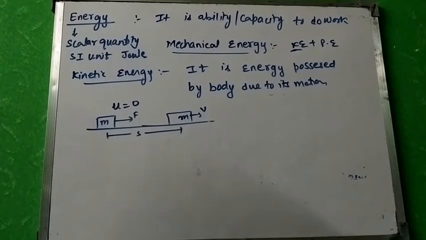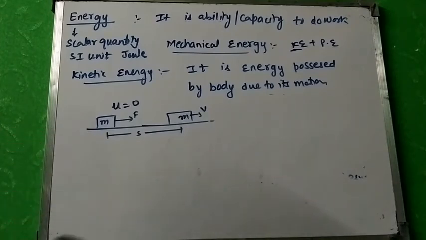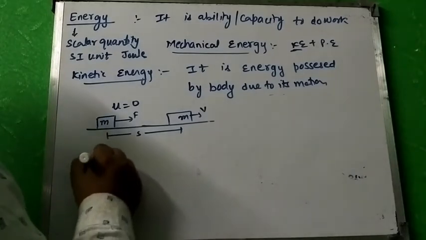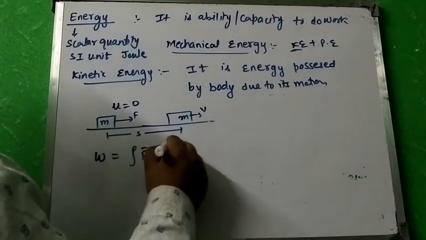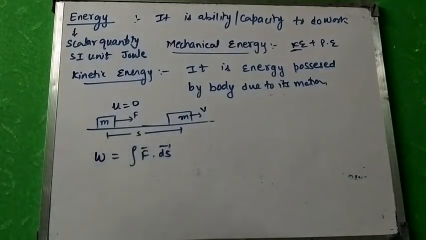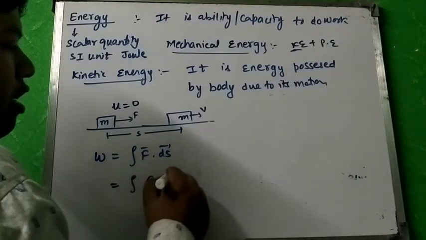Let us do it by the calculus method. I am assuming that the force is variable and is changing with displacement. In this case, work done can be written as the integral of F dot ds.